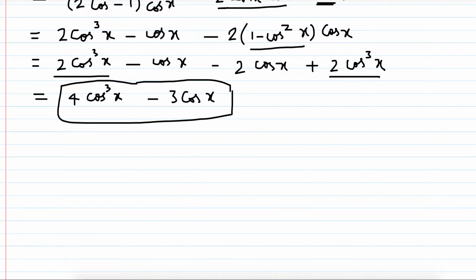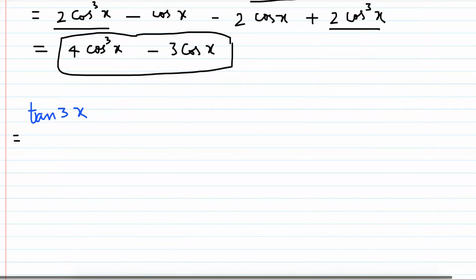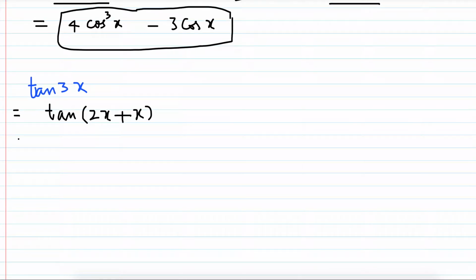Next we have tan 3x. We already know the formula of tan x plus y. We can break 3x as 2x plus x. So tan x plus y is tan x plus tan y divided by 1 minus tan x tan y.